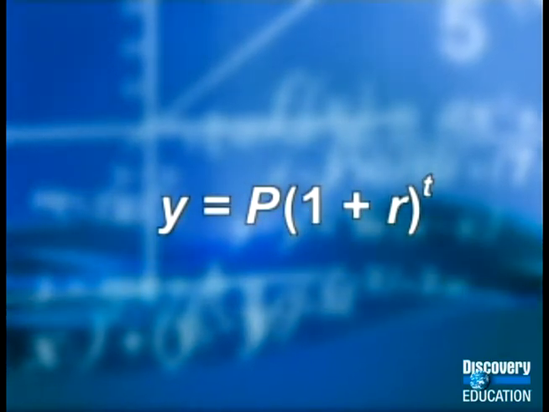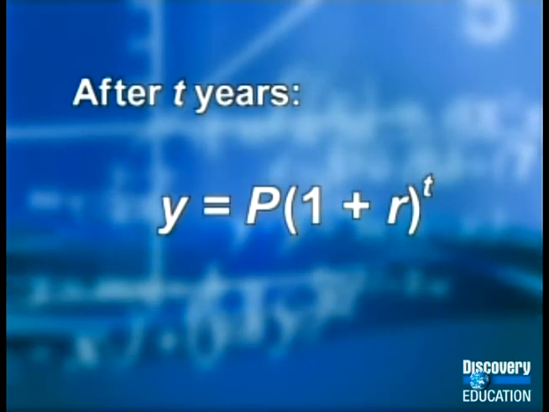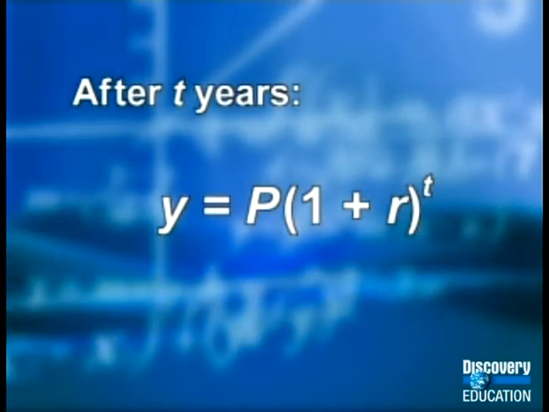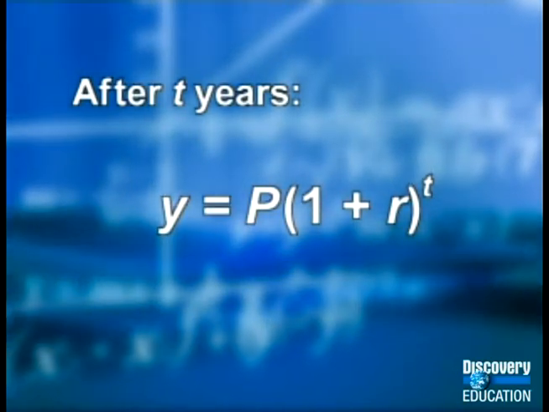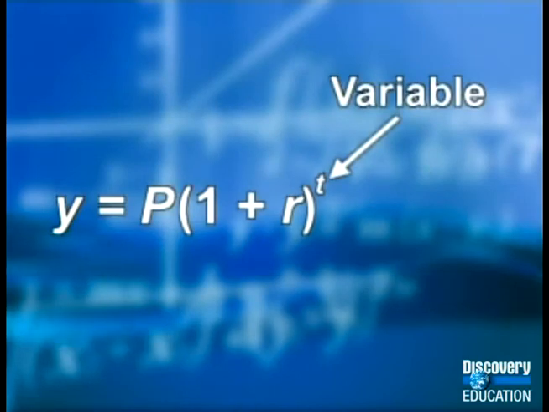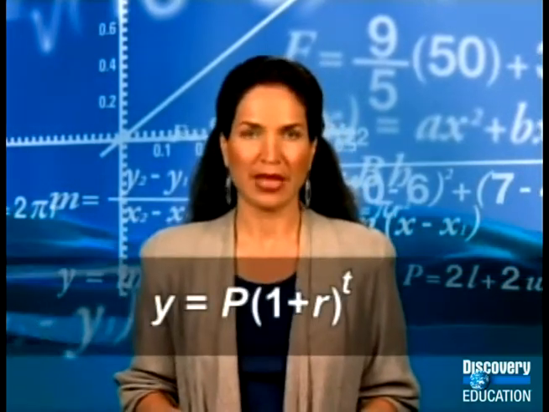So, after t years, the amount of money y in the account would be y equals p times quantity 1 plus r to the t power. This is an exponential function of the variable t with base 1 plus r. Let's use this formula for annually compounded interest to solve our problem.